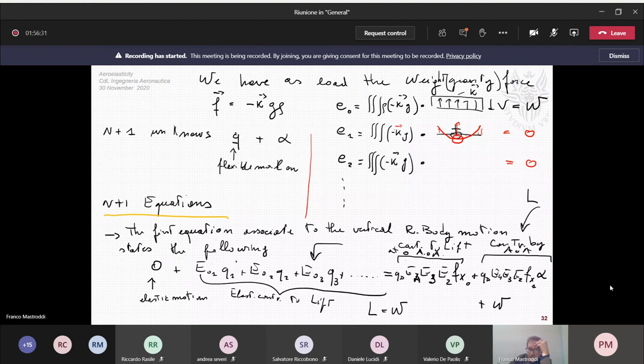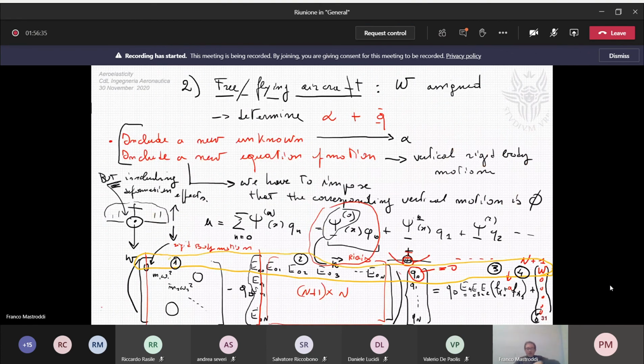But in a unique equation like this, you can linearly solve your problem of the trim, including the calculation of the angle of attack together with the elastic deformation corresponding to the weight that you have to lift.